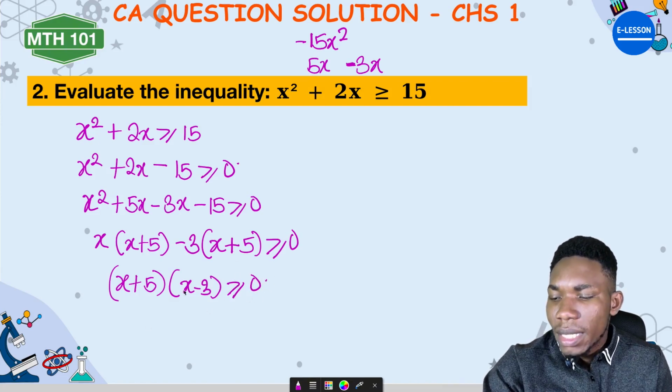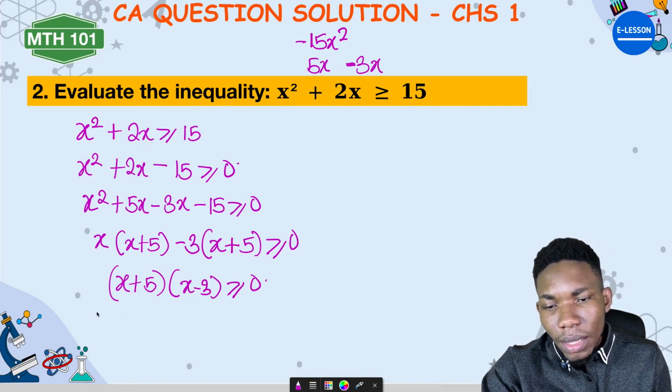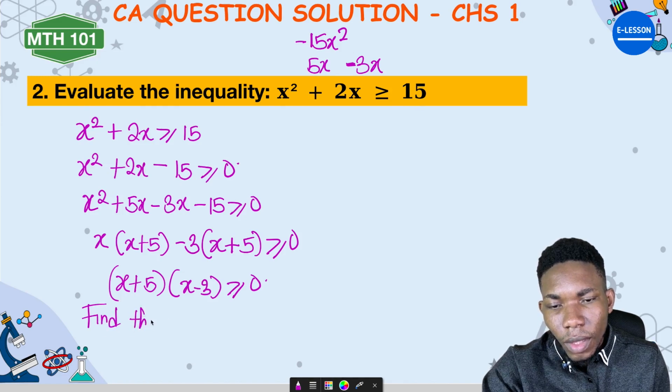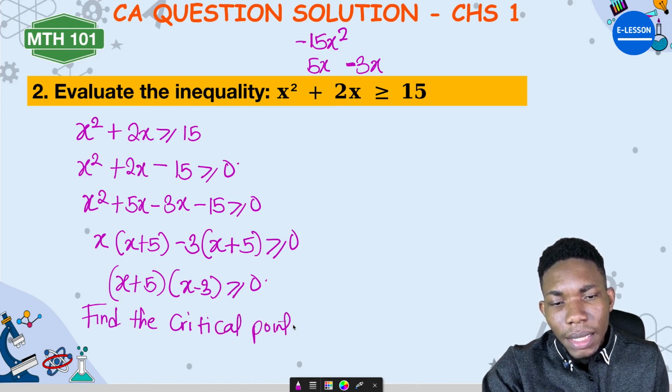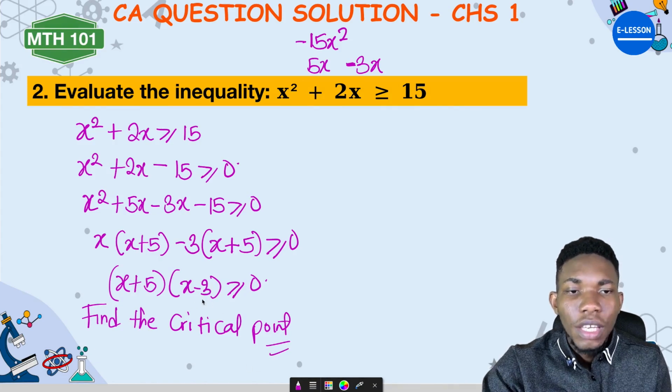Now, at this point in time, we need to find the critical point. The critical point is the point where these signs will change if you plot this in a graph. All right?